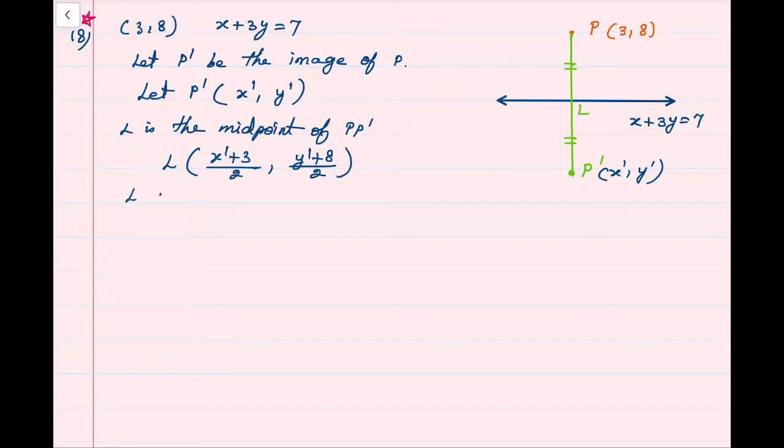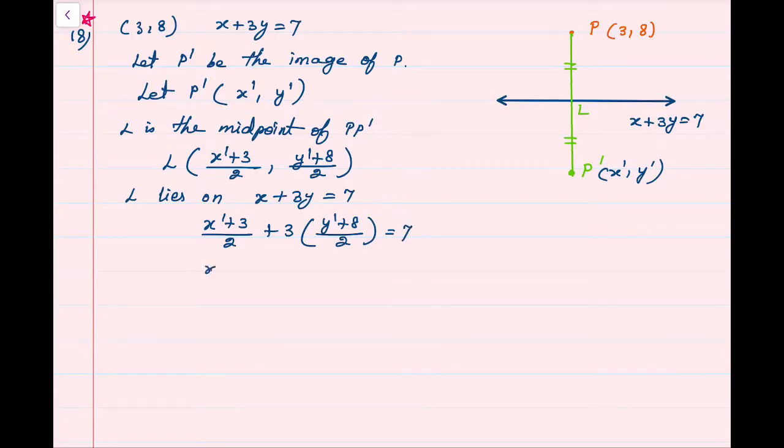Now, this point L lies on the line x + 3y = 7. Therefore, we will substitute this point: (x' + 3)/2 + 3 times (y' + 8)/2 is equal to 7.